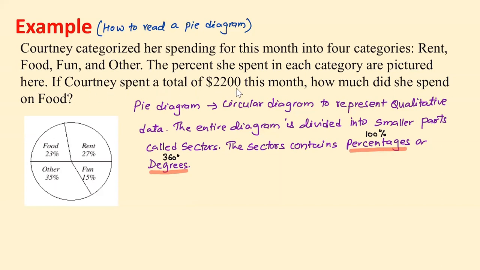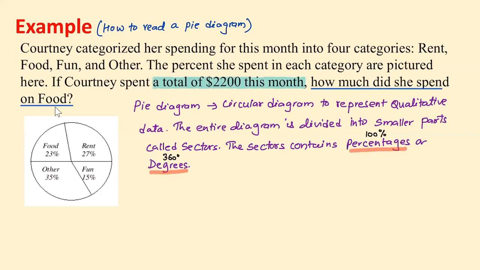If Courtney spent a total of 22,000 this month, so that is the key there. She spent a total of 22,000 this month. That is the total amount spent. We have to find how much did she spend on food. So we want the value she spent on food.